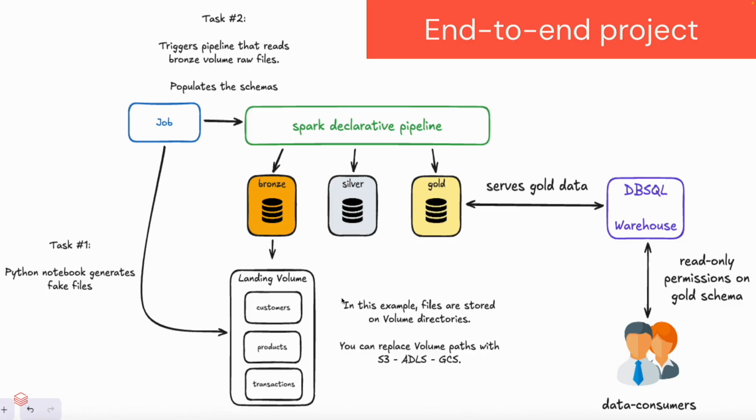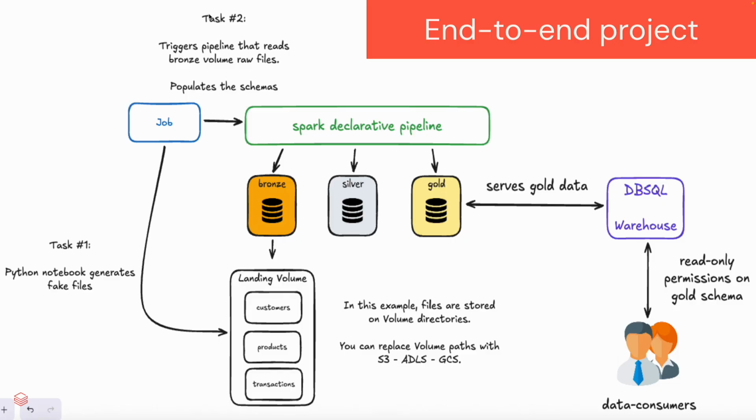So these are all the components of the solution. The flow looks like this. There's going to be a job. The job has two different tasks. Task number 1 generates the fake data on the volume for customers, products, and transactions.